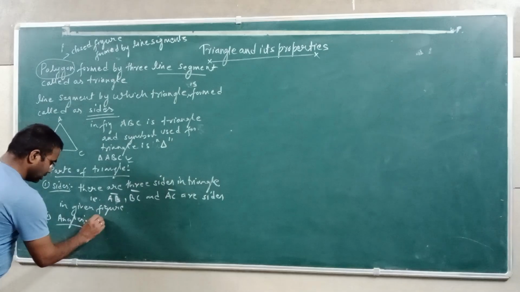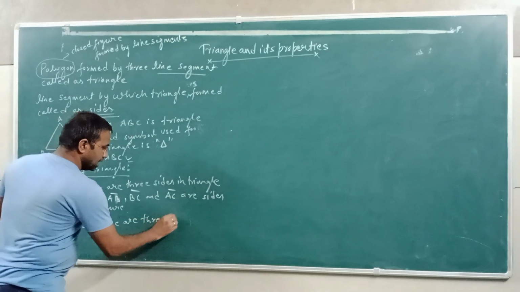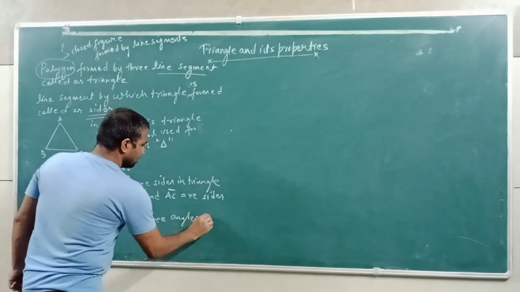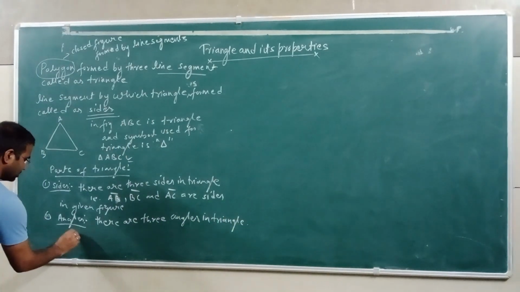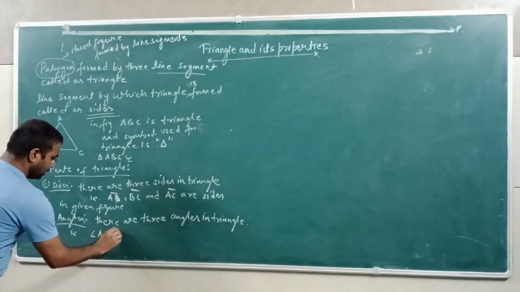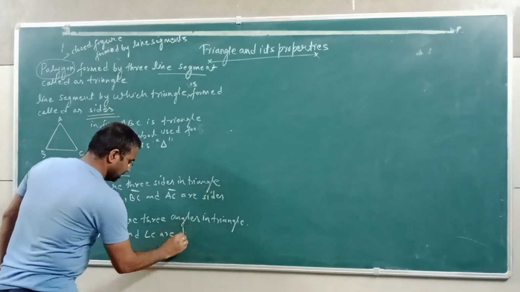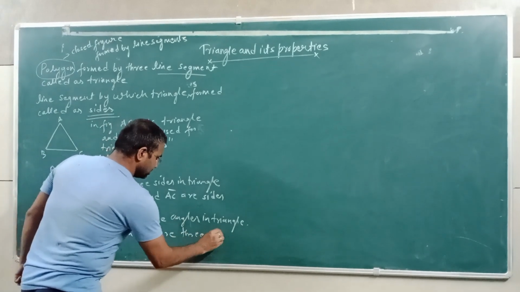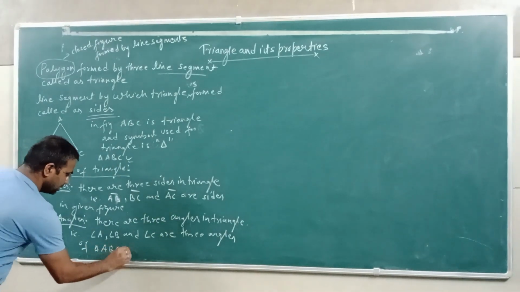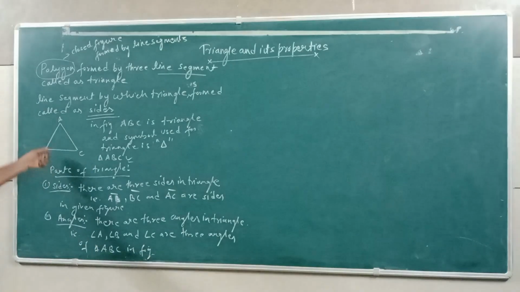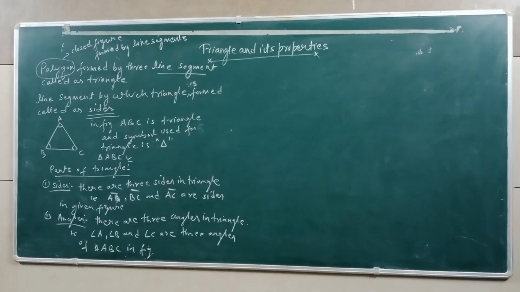So here you will write that there are three angles in a triangle, that is angle A, angle B, and angle C are the three angles of triangle ABC in the figure.